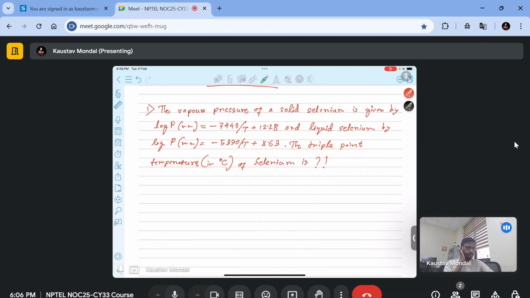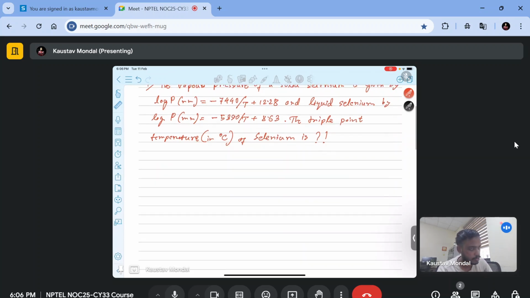Before solving this problem, let me briefly discuss what the triple point of a state means.